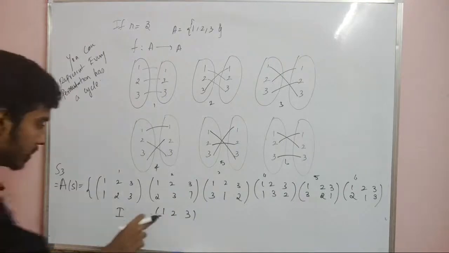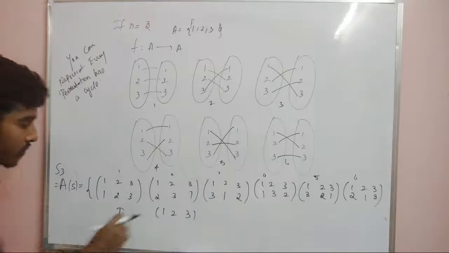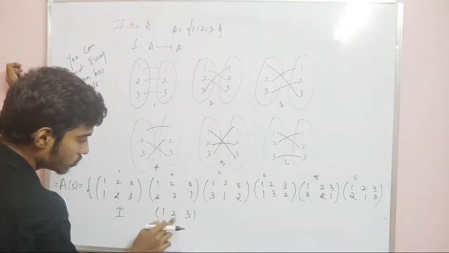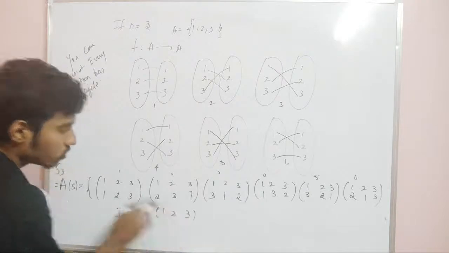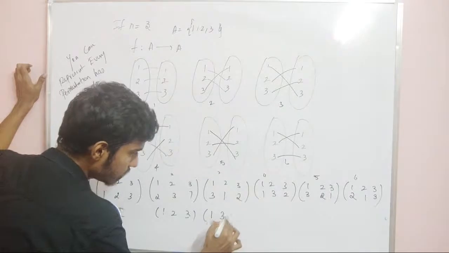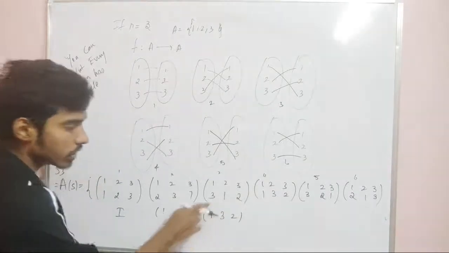You can see I can write this entire permutation as 1, 2, 3. You need to read it like 1 goes to 2, 2 goes to 3, 3 goes to 1. How can I write this one? I can write this as 1, 3, 2. 1 goes to 3, 3 goes to 2, 2 goes to 1.